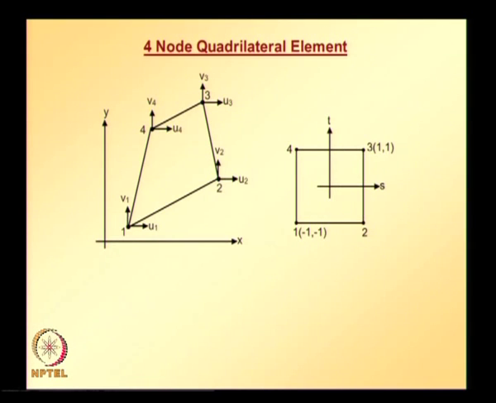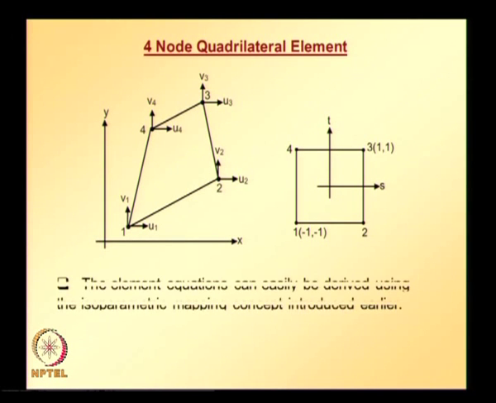A 4-node quadrilateral element is shown on the left hand side, and for isoparametric mapping purposes we will be using the parent element shown on the right hand side. The element equations can easily be derived using the isoparametric mapping concept introduced earlier. In isoparametric mapping, the trial solutions are written in terms of shape functions for the parent element.